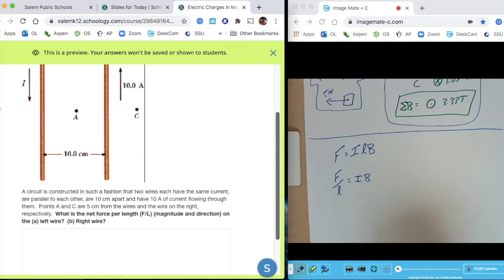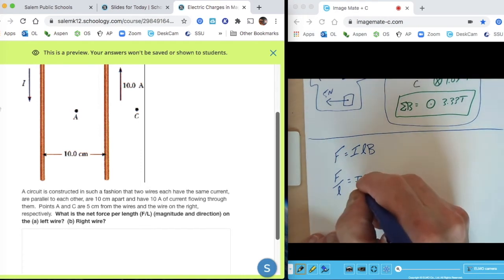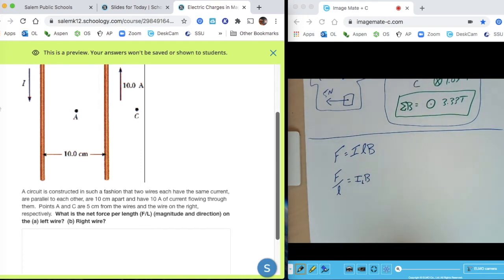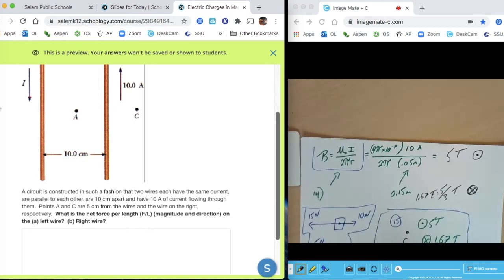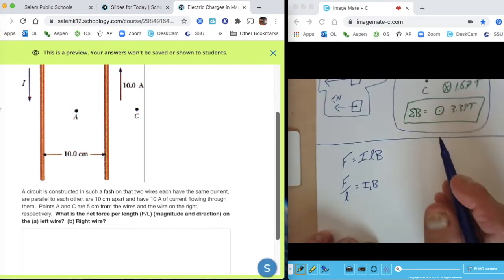Okay? So let's call these wires left and right. I don't know. So the I in the left wire times B. What B? Well, the B created by the right wire, right? If we're looking for the force on the left wire, why is there a force? Because it's in a B field created by the right wire. So we're looking for the B of the right wire, which is equal to mu naught I over 2 pi r.